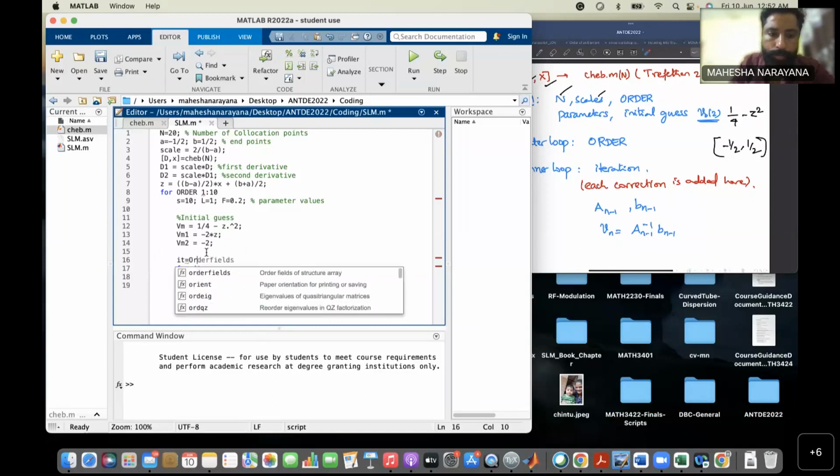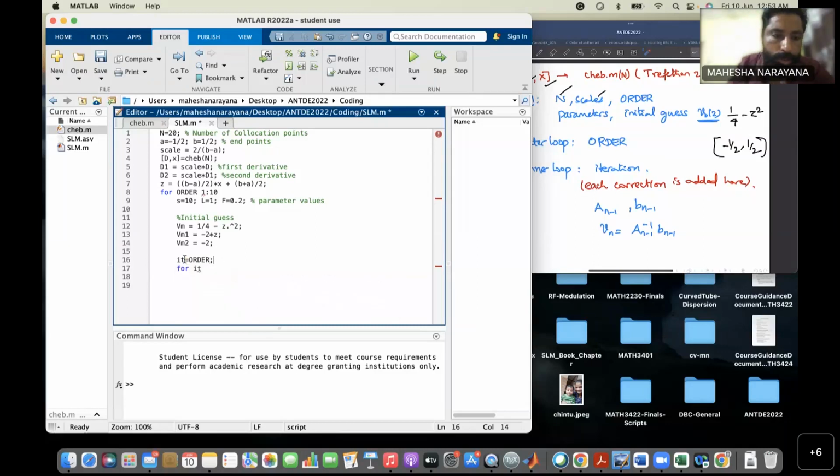So IT running from 1 to iterations, IT equal to 1 to order.